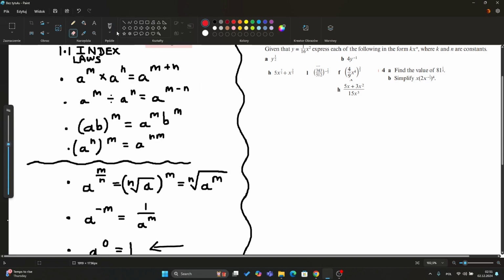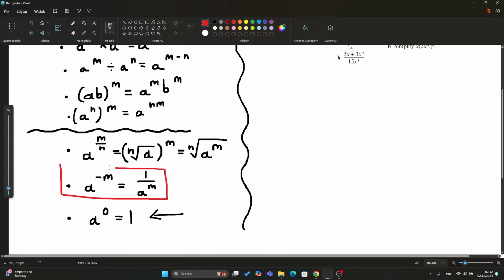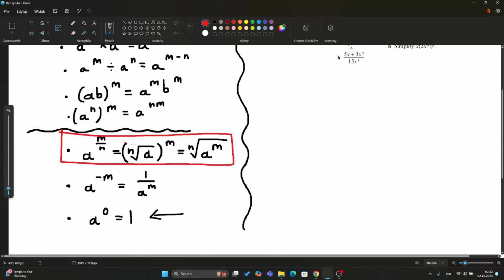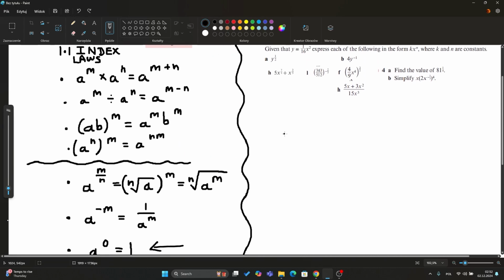And the last rule, which is over here, so we covered this rule first, this rule second. Now you're going to cover the third new rule. What happens here is that if you have a to the power of m over n, then the top one represents the power, and the bottom part represents the root.